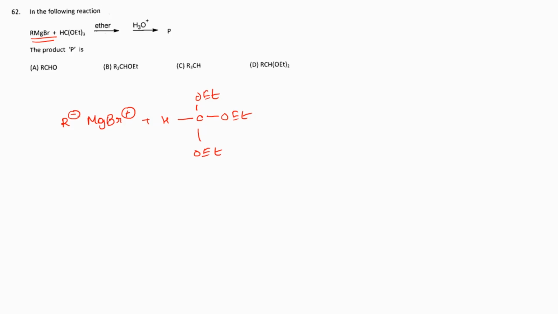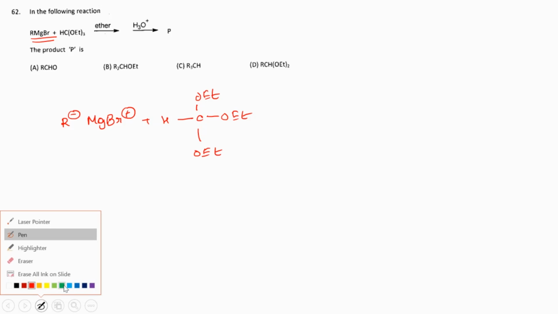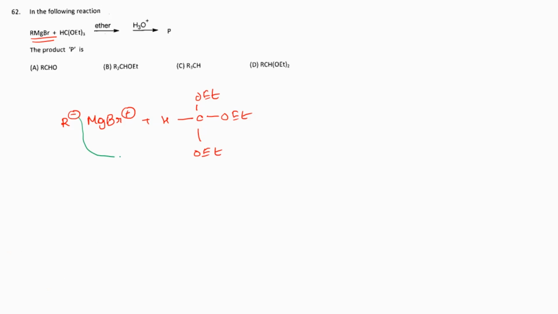Now this R minus attacks the carbon atom, and one of the OEt groups gets out.